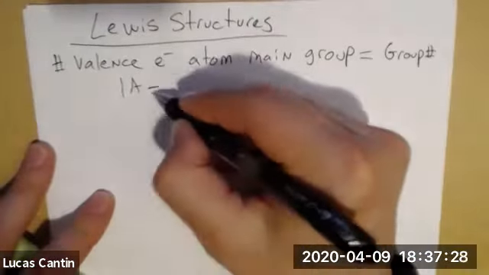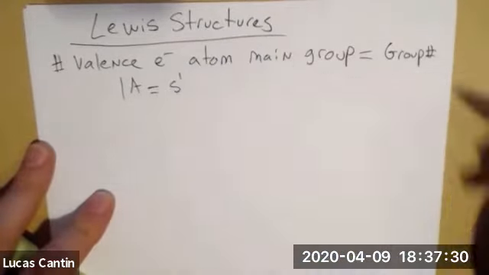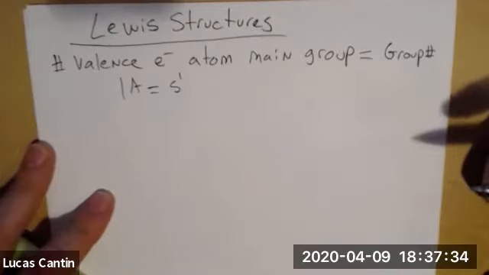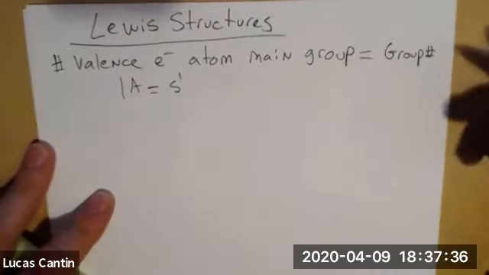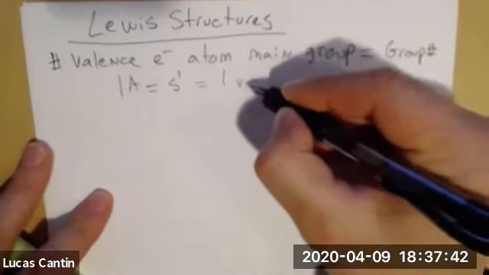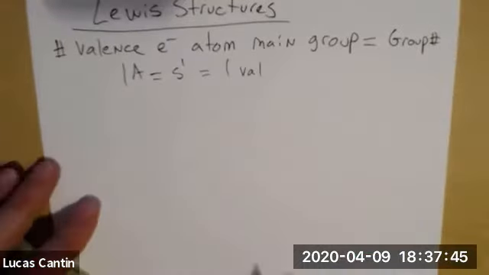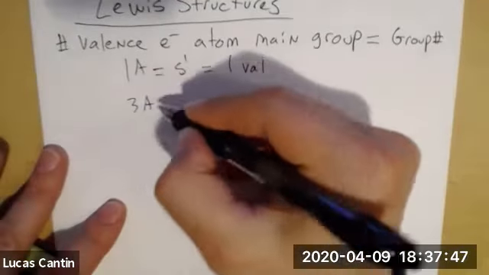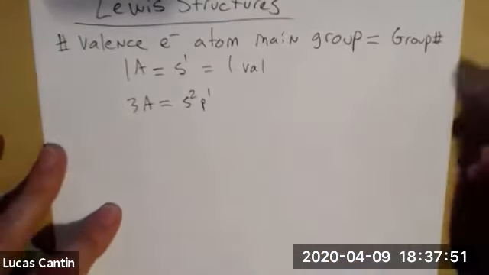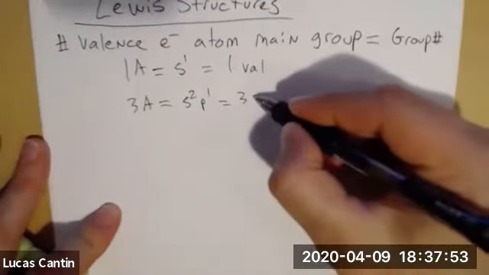Everything in the 1A has an s1, like hydrogen's 1s1, lithium's ends with 2s1, sodium ends with 3s1. So they have 1 valence electron, right? If I'm in the 3A, then I have an s2p1 configuration, which is 3 valence.